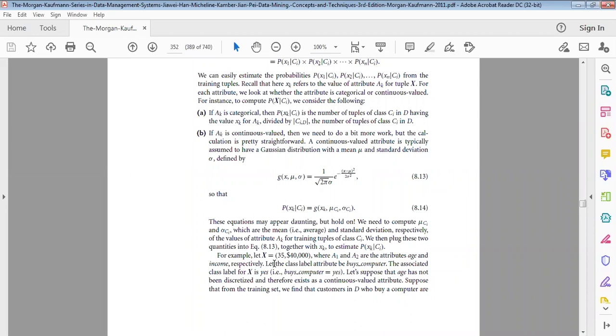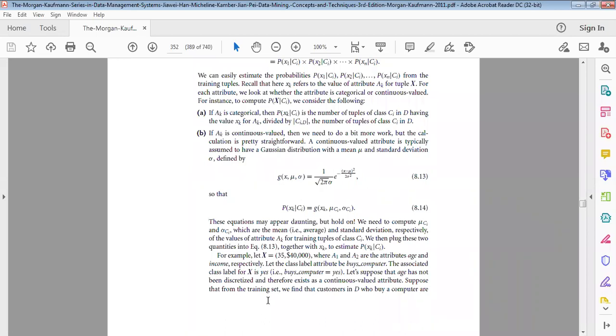Let's say X is the evidence, a 35-year-old customer with a 40,000 salary, where A1 and A2 are the attributes age and income respectively. The class label attribute is buys computer, with the associated class label yes or no. Suppose age is not discretized and therefore exists as a continuous-valued attribute.